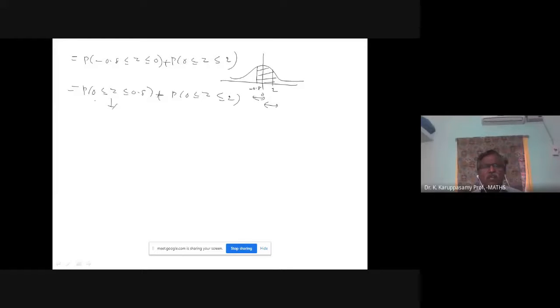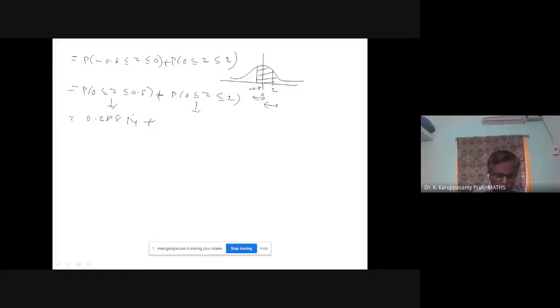Use your calculator to find Q of 0.8, Q of 2. Take your calculator. Already we are in statistical data mode. Shift number 3. Select option 2. Q of 0.8 value is 0.28814.